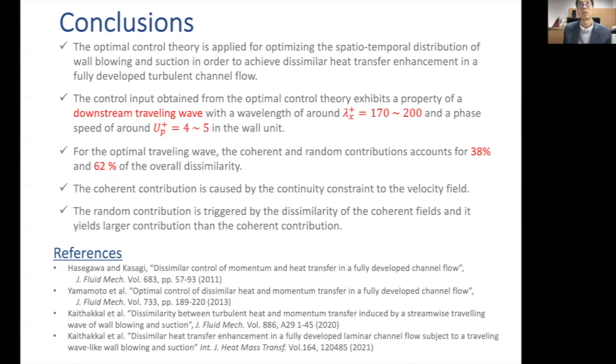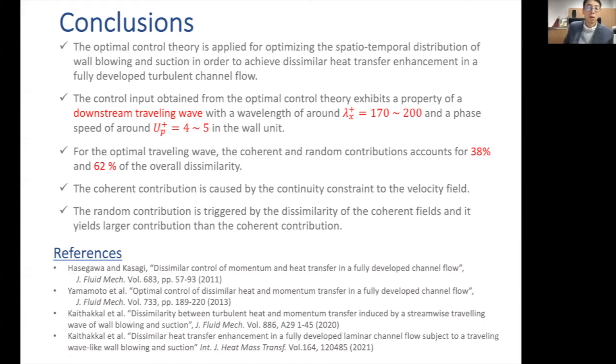As I mentioned in a previous slide, it's basically generated by pressure gradient, and the pressure field is, of course, determined so as to satisfy continuity. On the other hand, the random field is triggered by dissimilarity of the coherent field, and this is amplified by turbulence.